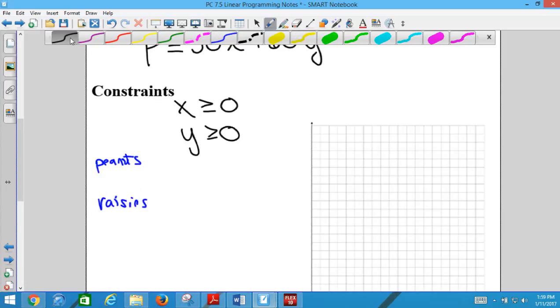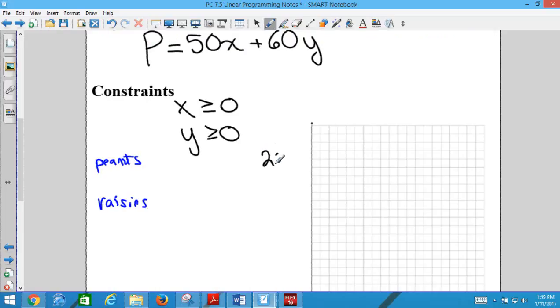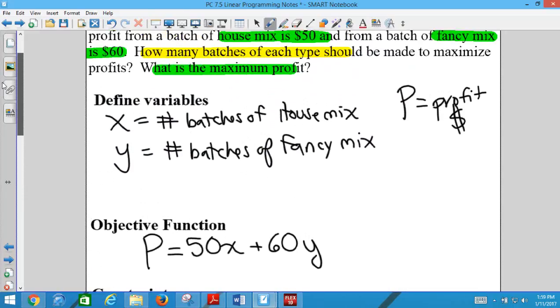So I'm looking in my description for totals, and I have a total of 200 pounds of peanuts. And I have a total of 160 pounds of raisins. So I know that I can use at most 200 pounds. So I'm going to be using less than or equal to 200. And since I'm only talking about peanuts, this equation only involves numbers that have to do with peanuts. Let's look in the question up here.